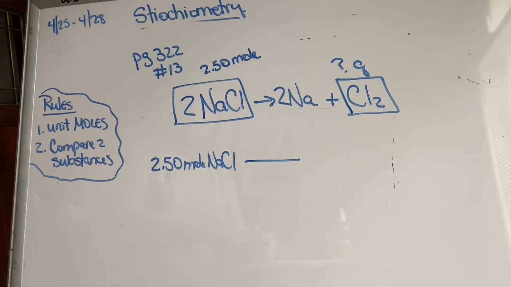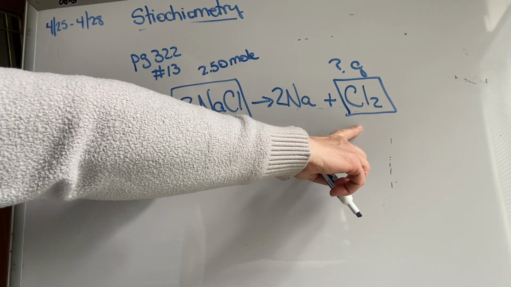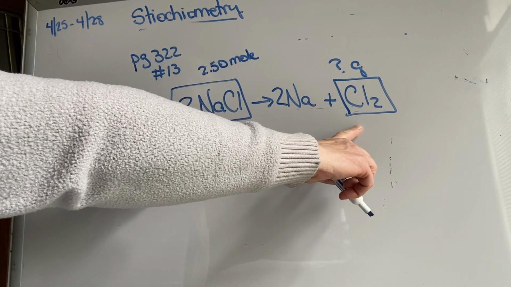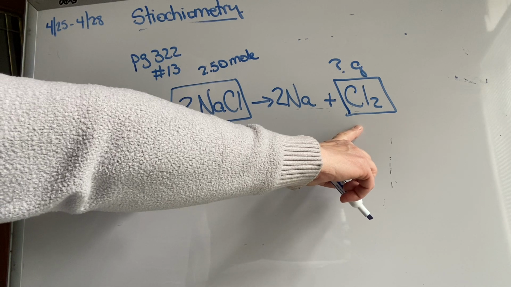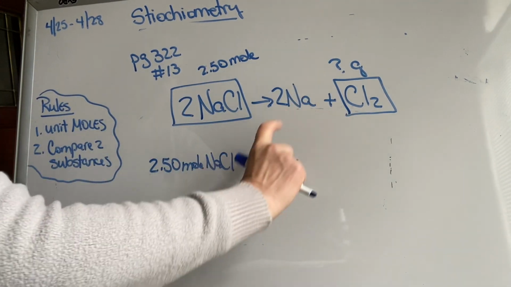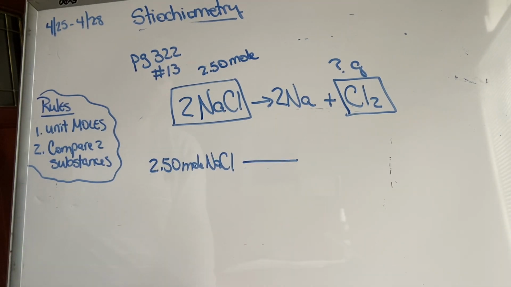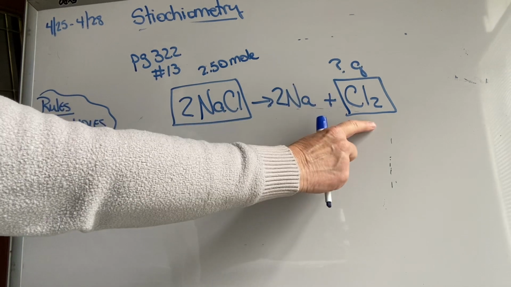Number 2 says compare the two substances. Well, those are my two substances. Okay, and I know that from the question that was written in words in the textbook. You have to read that question to know this. So I'm going to compare these two and I'm going to put them in this proportion. That's going in the numerator because that's what I'm solving for.